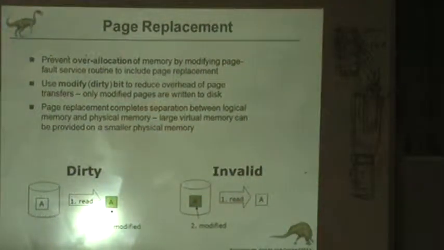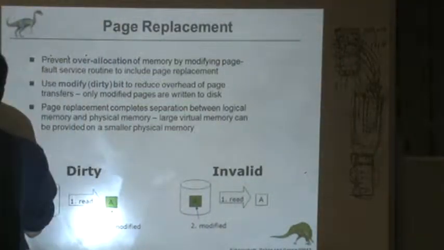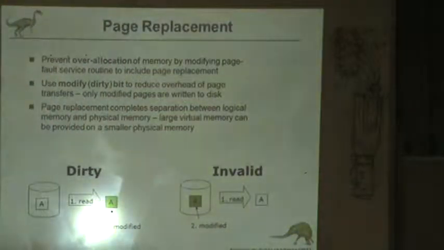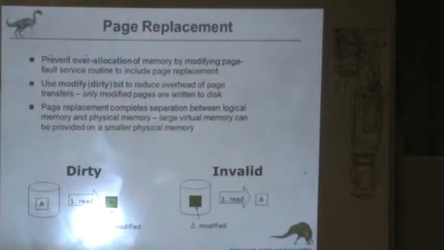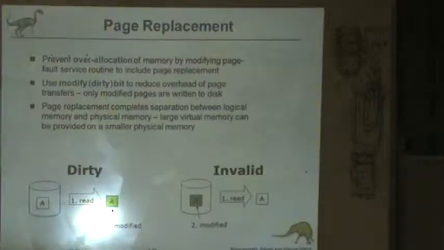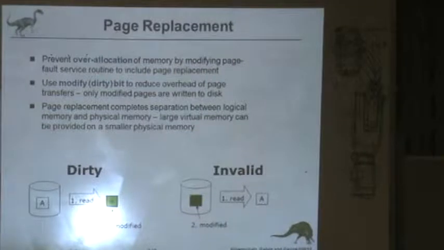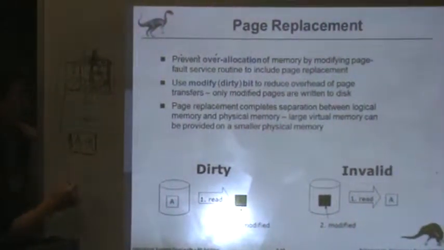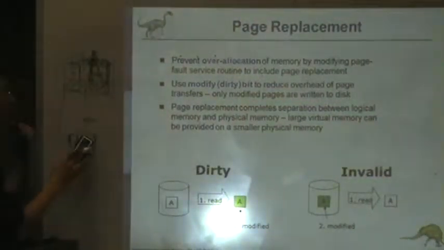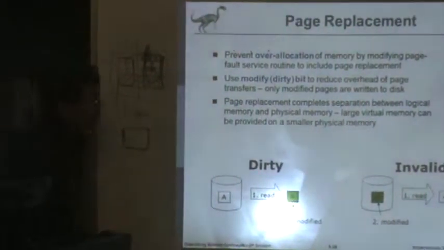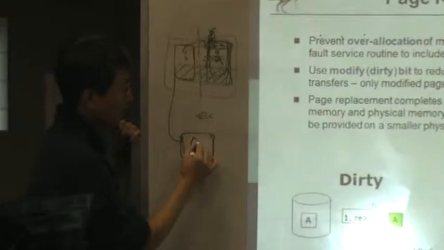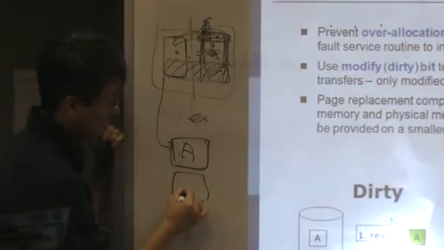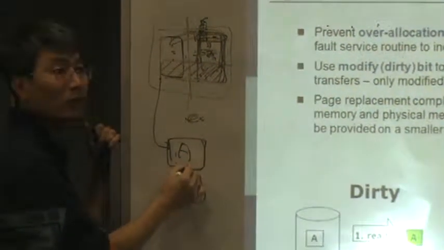The idea is that if a process accesses the same page but modifies it, for example A to B, then instead of changing the value of this one, you make a copy of it.